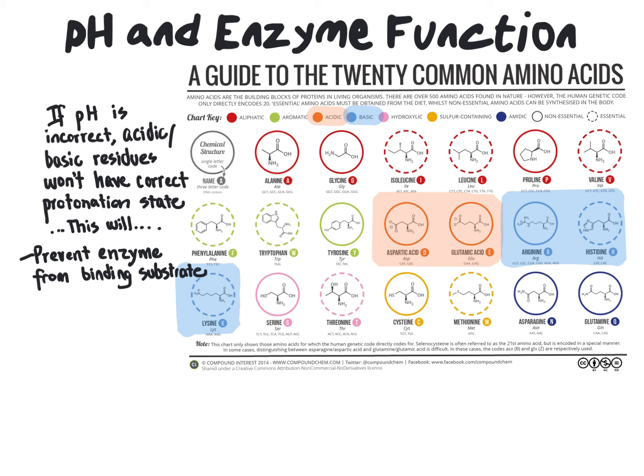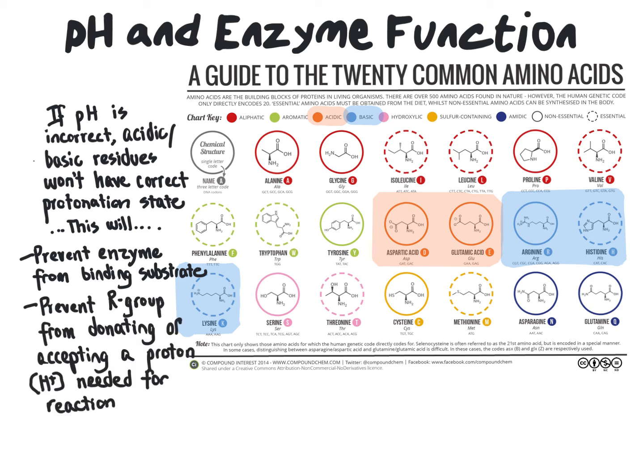And if the R group is not properly protonated or deprotonated for that to happen, then the reaction can't be catalyzed properly. Hence, pH is going to play a critical role in determining the functionality of a particular enzyme, where if the pH is not correct for that particular enzyme, then the reaction is not going to take place properly.